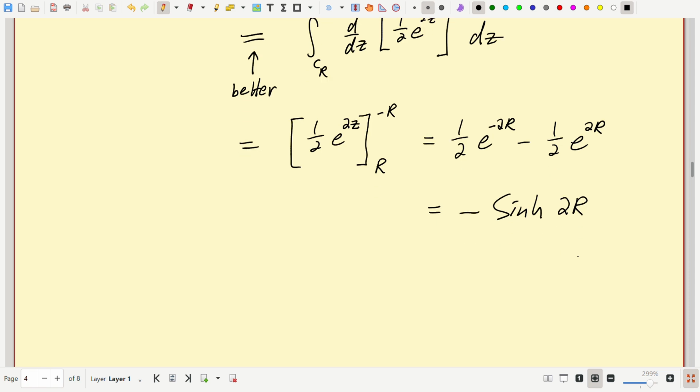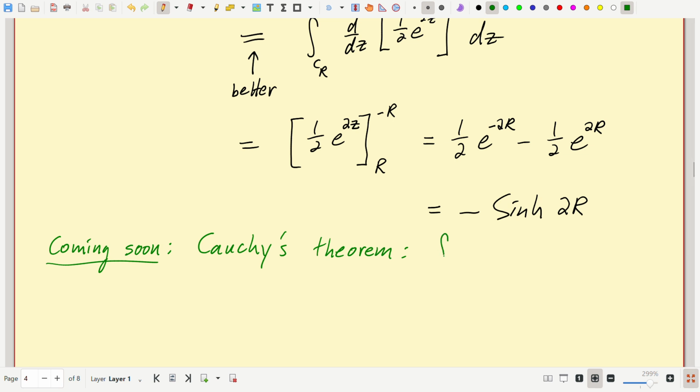Okay, so now we're getting close to some exciting ideas. Coming soon is Cauchy's theorem, namely that if f is analytic on a domain with no holes, there's a word for having no holes.